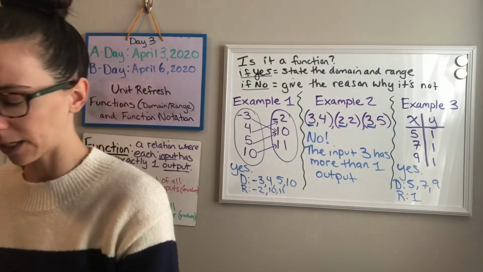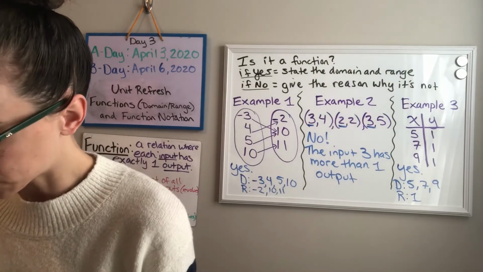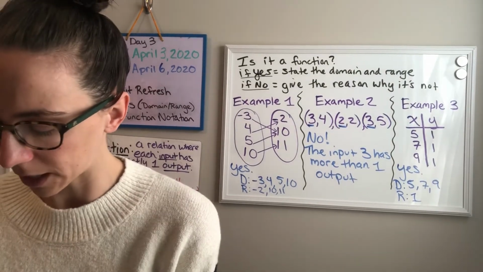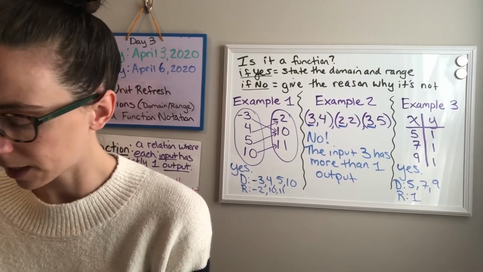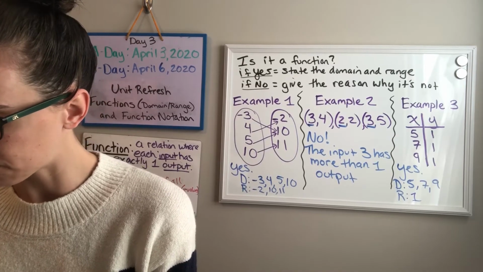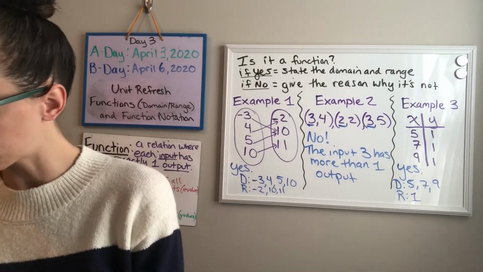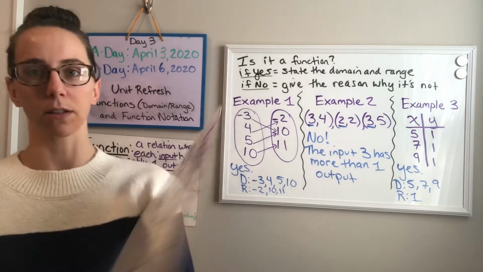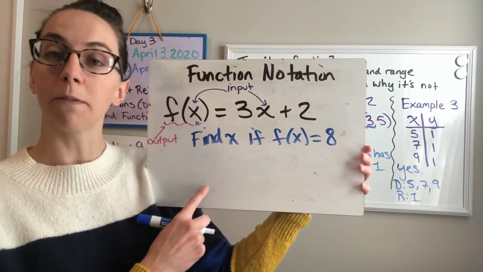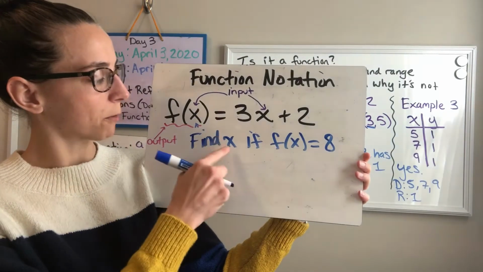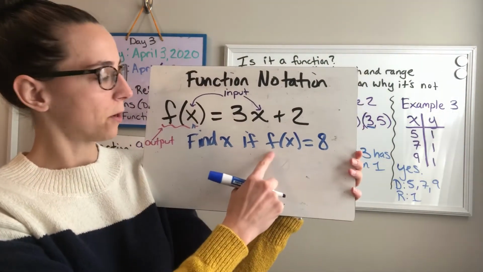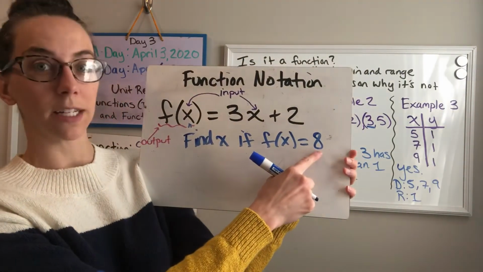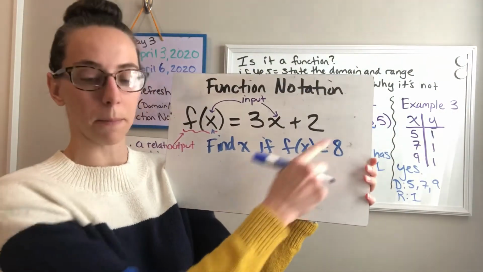You can also have an example using function notation where they ask you to find x if f of x is equal to 8. So if it's written like this, we are looking for what our input is, but if you notice, that whole f of x is represented by the number 8.